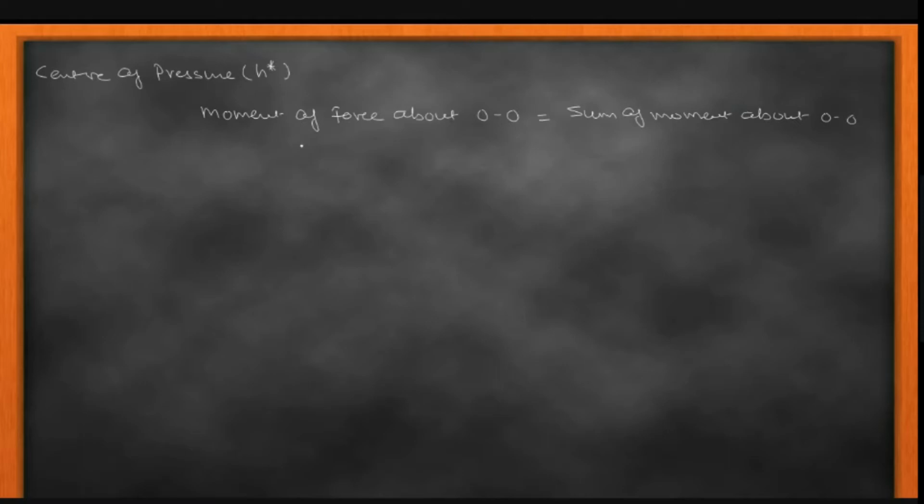So here the total moment is F into Y star, because F is the total pressure force and Y star is the distance of the total pressure force from the reference axis OO dash.